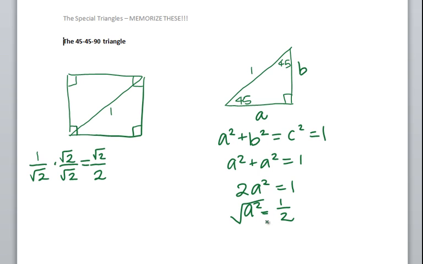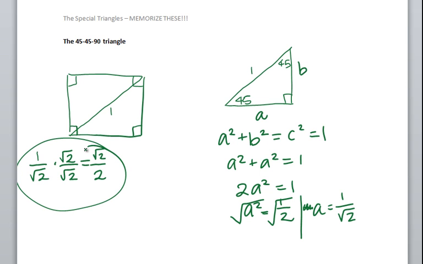And now if I square root both sides, I end up with, I'll just draw a line here, a is equal to 1 over the square root of 2. But we know from before, right, that when we have a radical in the denominator, we have to rationalize it to get rid of it.